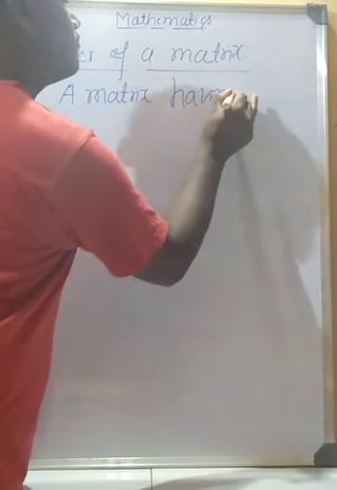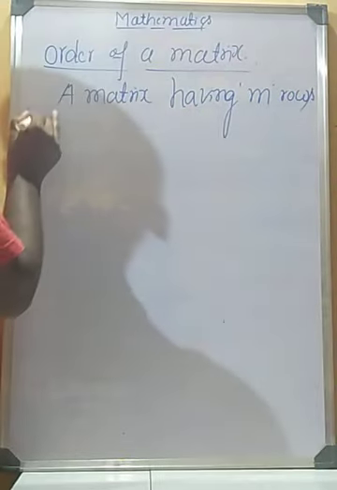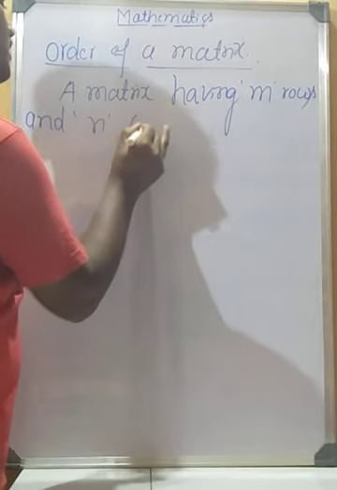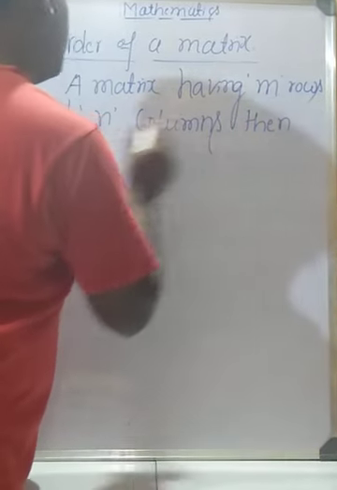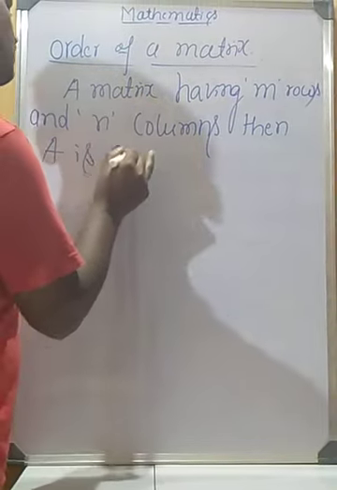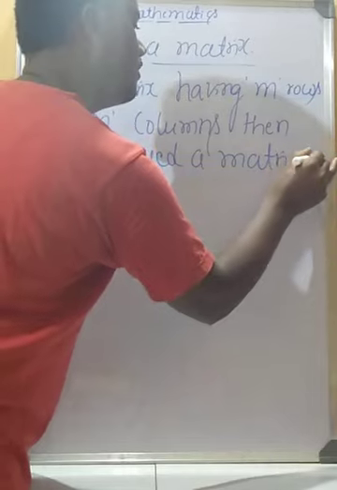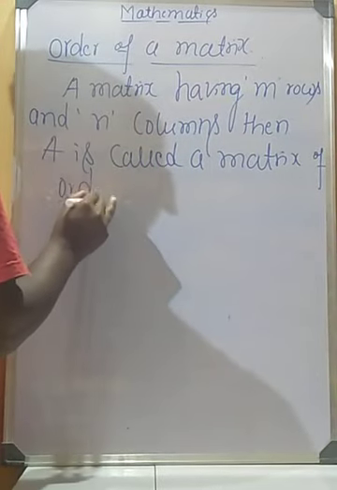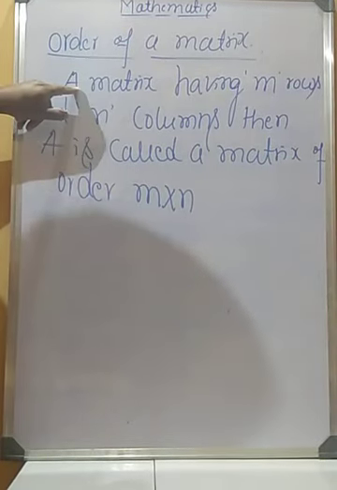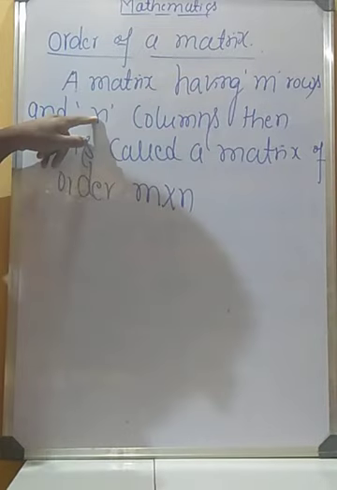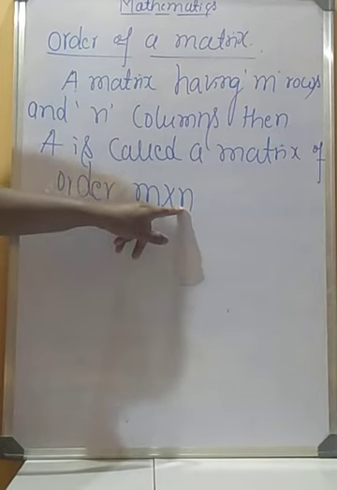A matrix having m rows and n columns, then A is called a matrix of order m cross n.